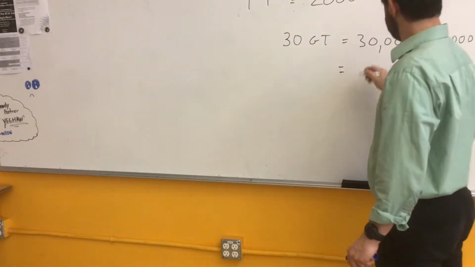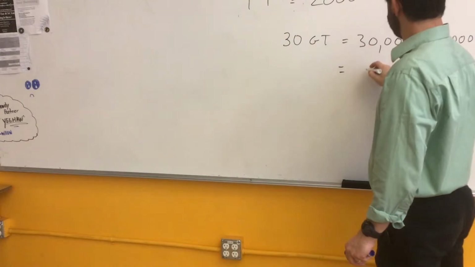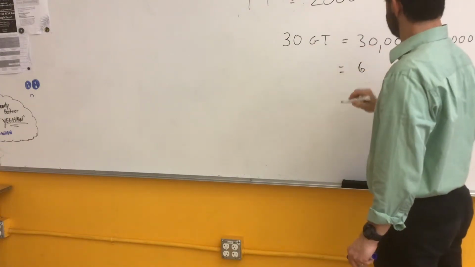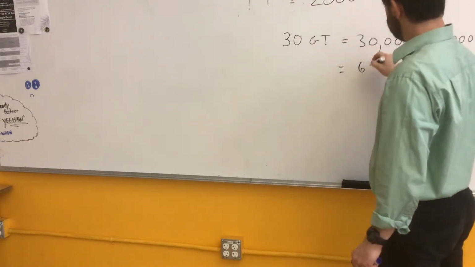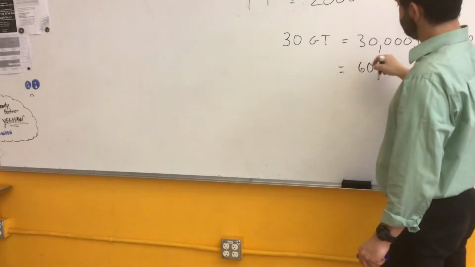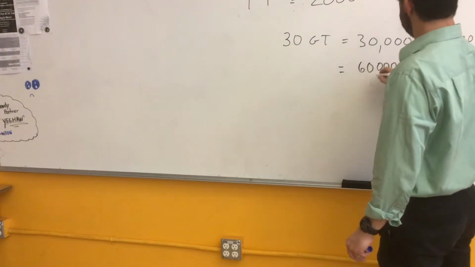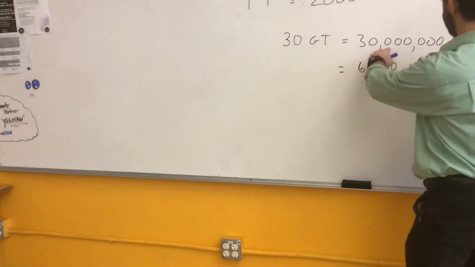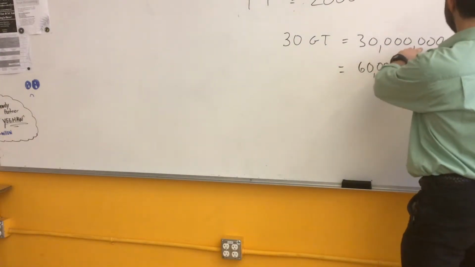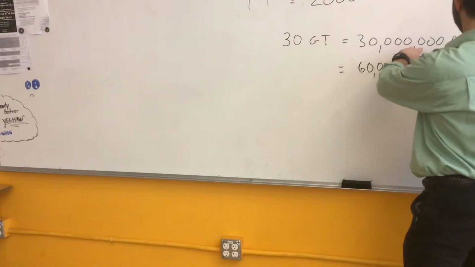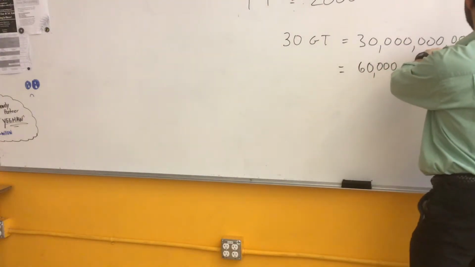So, 2 times 3 is 6. 60, 2 times 30, times 1,000, 1, 2, 3. And then we have our zeros, 0, 0, 0. That's 1,000, times another 1,000, times another 1,000.